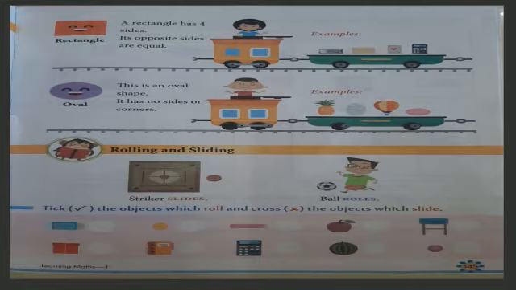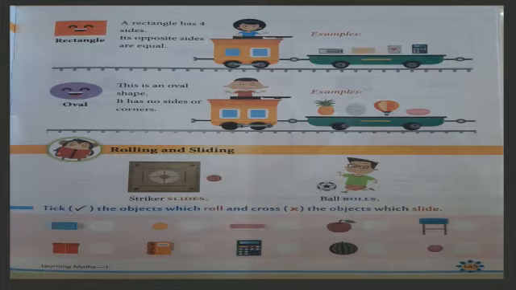Understood? Very good. So now let's see the last shape, that is oval. Yes, it is oval. You can see it in the picture. Like circle, oval also has no sides and no corners. Yes, oval shape appears to be a circle, but it is not a perfect circle.